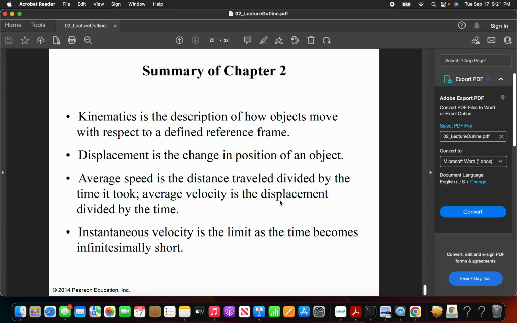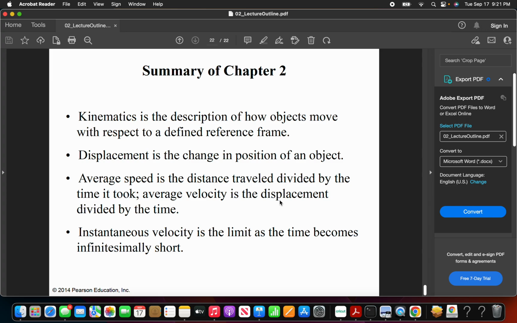Okay. Average speed is the distance traveled divided by the time it took. Right? That's what speed is, right? Understand the difference. Speed is distance, the distance you went around the track divided by the time it took.